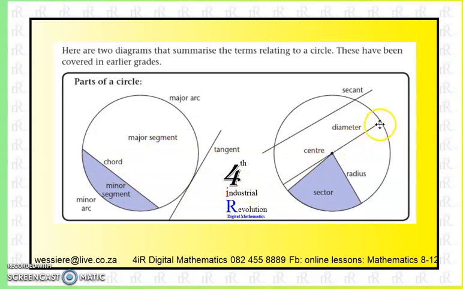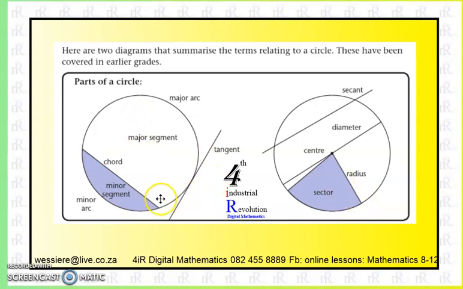Then we have a diameter, a line that passes through the center of the circle from the one edge of the circle to the other edge of the circle. When we have a section that lies between two radii, we call that a sector.